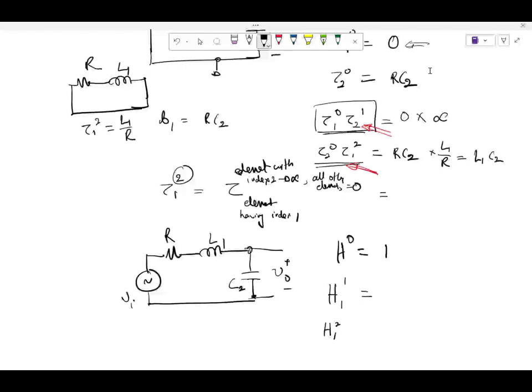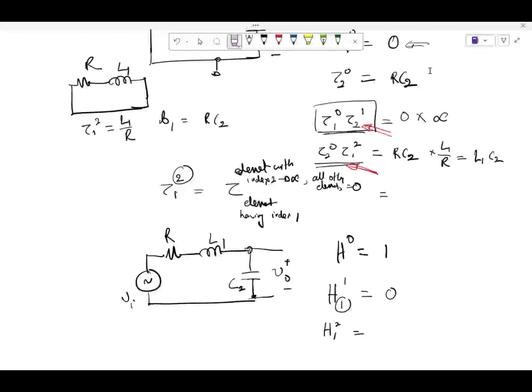H1, 1 by definition means I am trying to find the coefficient of s in the numerator, and the superscript 1 means I am infinite valuing that index. Everything else is 0 valued, so what will be the output? It is 0, because you have an open circuit from here to here. So this becomes 0.